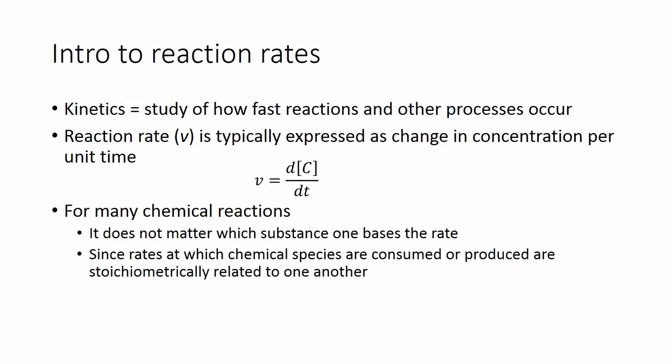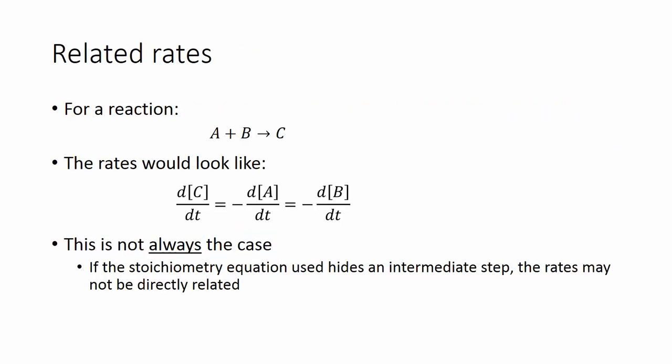For example, take a fake reaction, A plus B yields C. The rates would look like this: dC/dt, the change in concentration of the product C, is equal to the negative change of the reactant A over time, which is also equal to the negative change in the concentration of B, another reactant, over time.